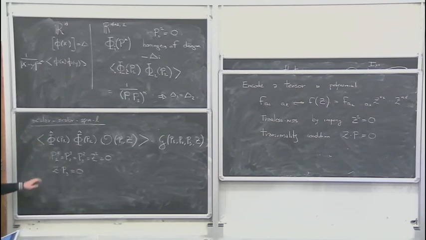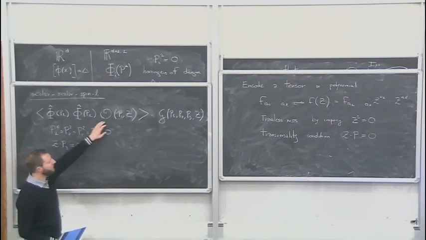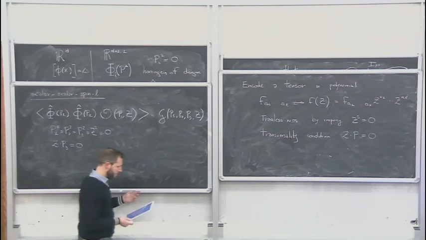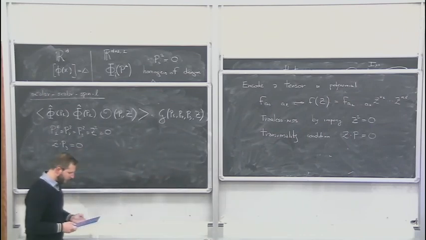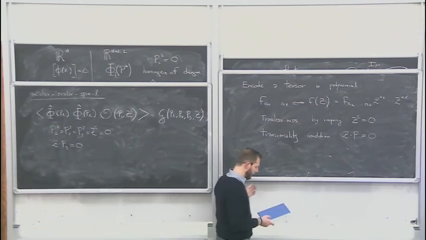This is transversality. And on top of this, I have to impose homogeneity. It's not very hard to convince yourself that there is basically only one combination that satisfies all of them.